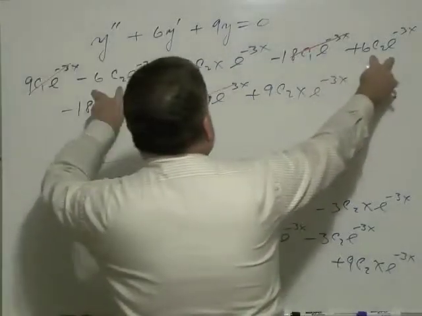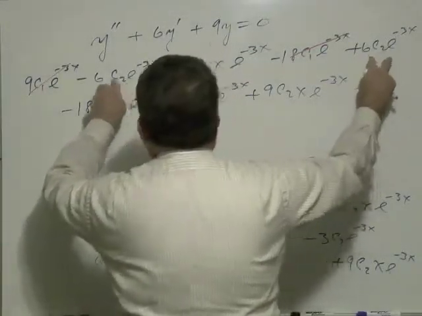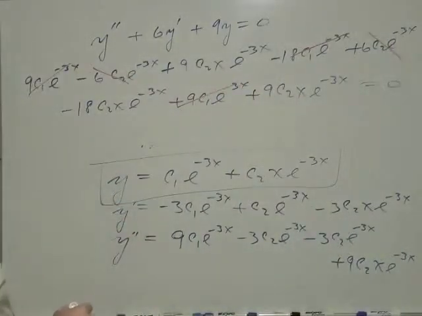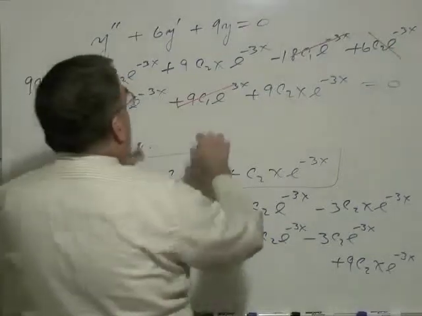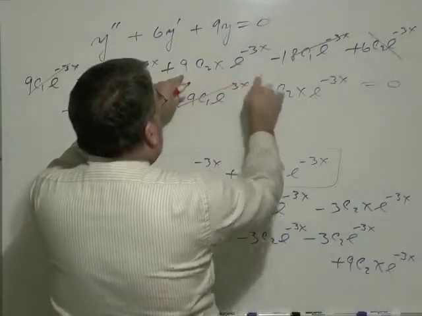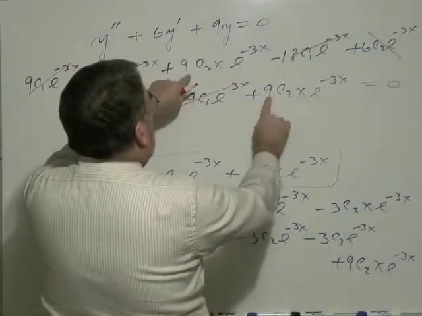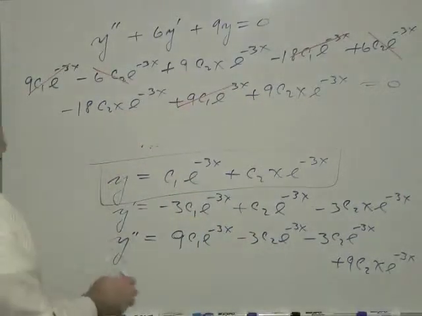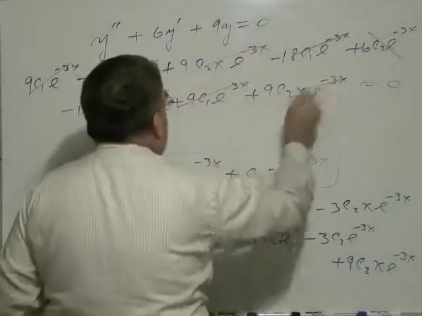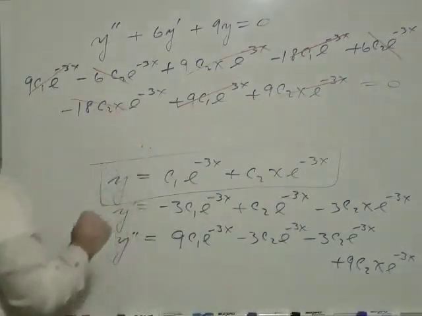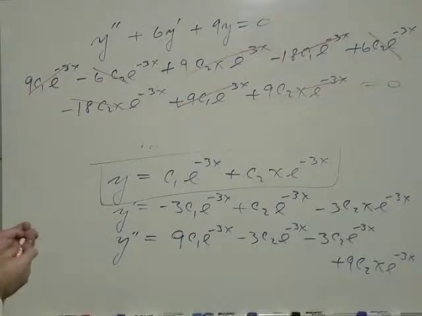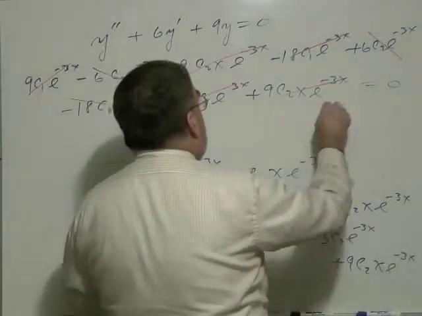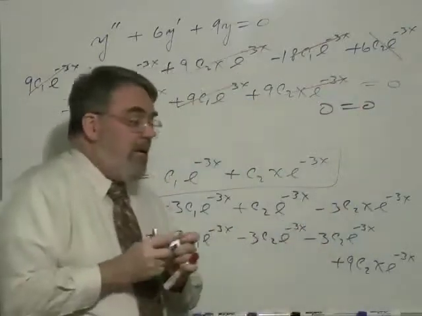Here the 6's will cancel because they're c2 e to the negative 3x. Negative 6, positive 6. Those two canceled. And finally we have 9c2x e to the negative 3x. I have two of those terms, so that makes 18. And then here's minus 18 with the x. So these two positive terms cancel this negative term. So indeed, 0 equals 0. This is the solution. Well, that's a good sign.